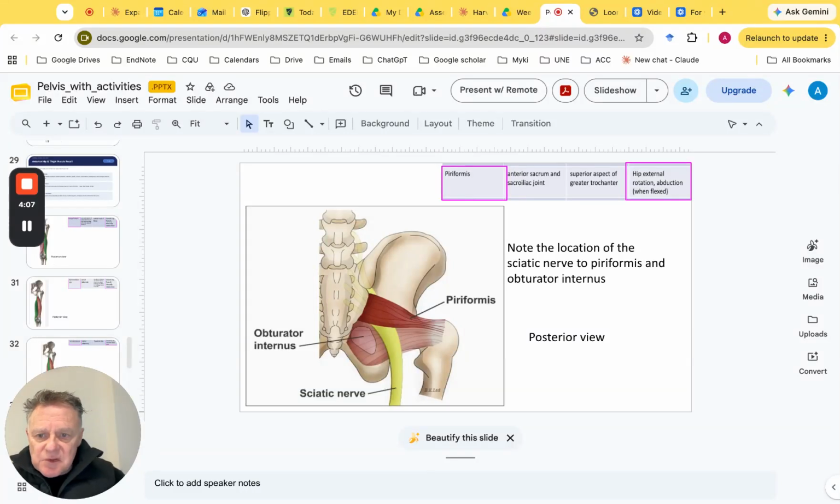But the reason I've also flagged this is because of the presence of obturator internus. I'll flick over to this one.